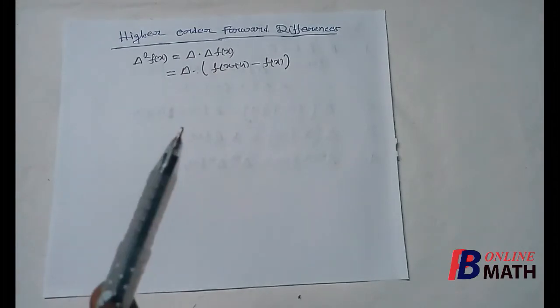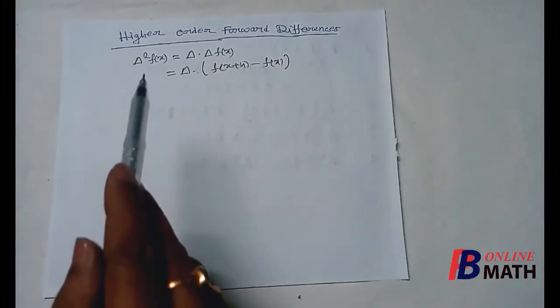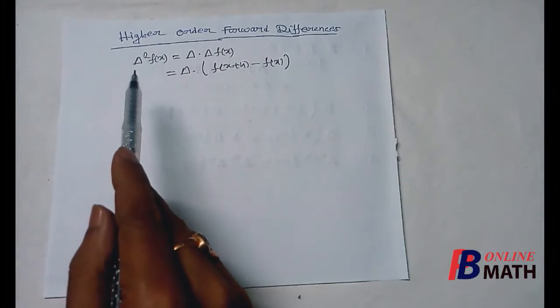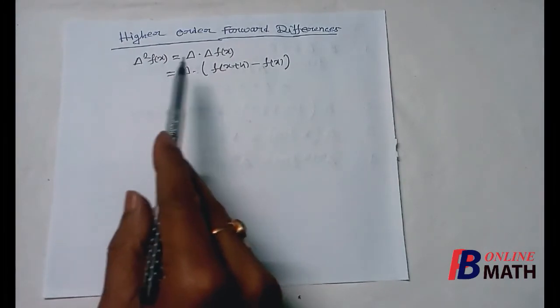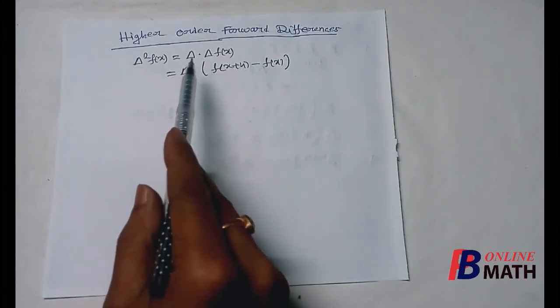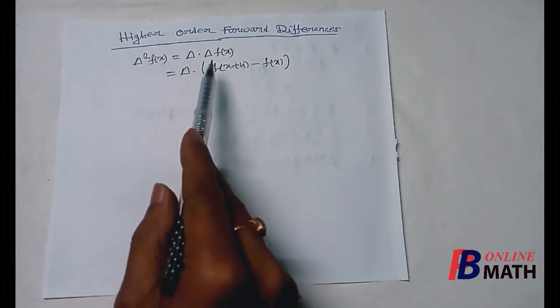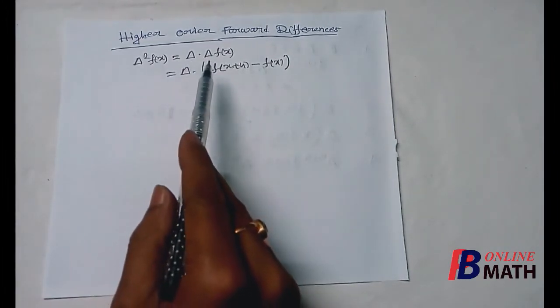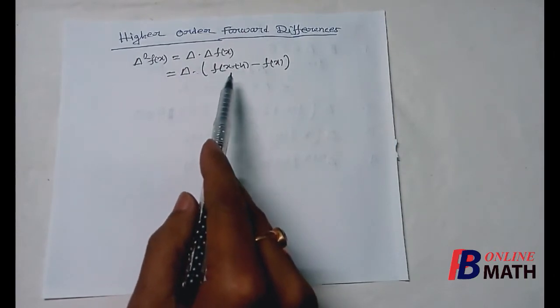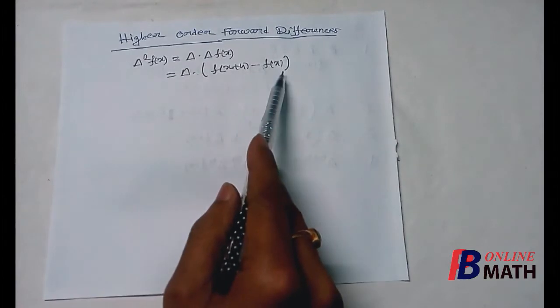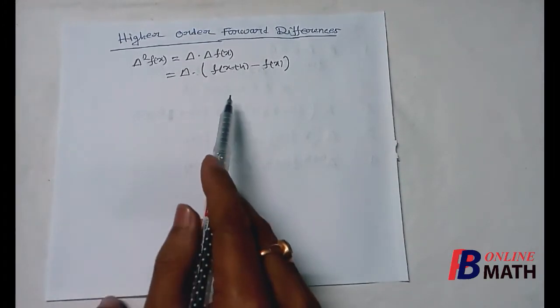So this property is similar to the shift operator. Now we consider higher order forward differences. So if we apply this delta 2 times on f(x), that is delta square of f(x), we know from the property that it can be written as delta into delta of f(x). Now if we apply delta 1 time on f(x), we shall get f(x plus h) minus f(x) by the definition.